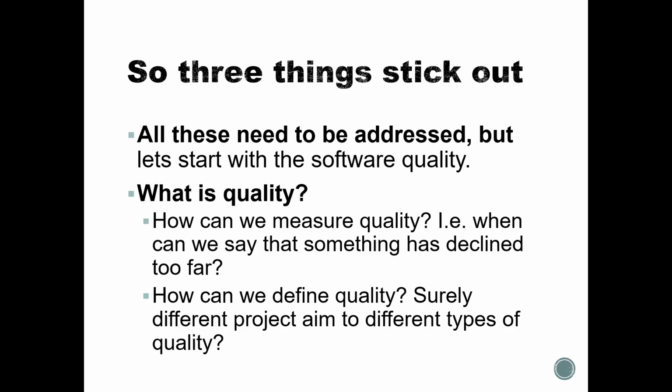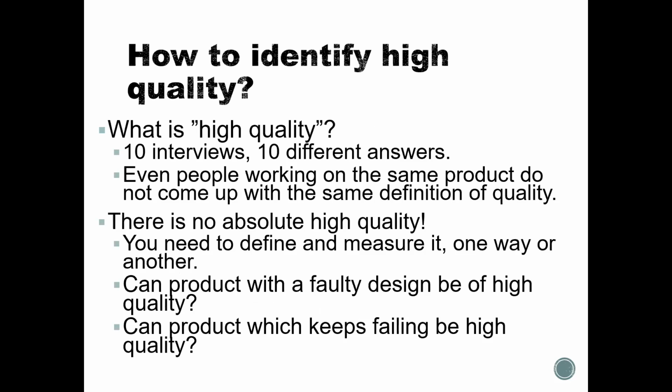How can we define quality? Surely different projects aim for different types of quality. So these are the two different questions we have over here, and we need to address them.